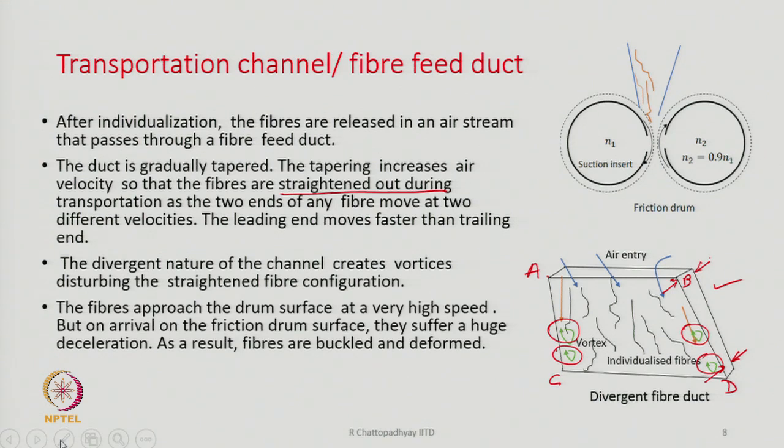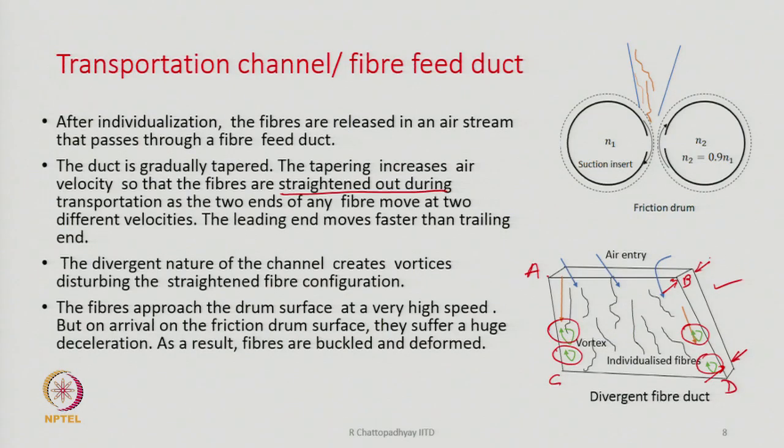Now, the fibers are approaching through the transport channel; they are flying. Now, they are ultimately going to land on what? They are going to land on the friction drum. Now, the friction drum surface speed is comparatively much less than the speed of the incoming fibers.